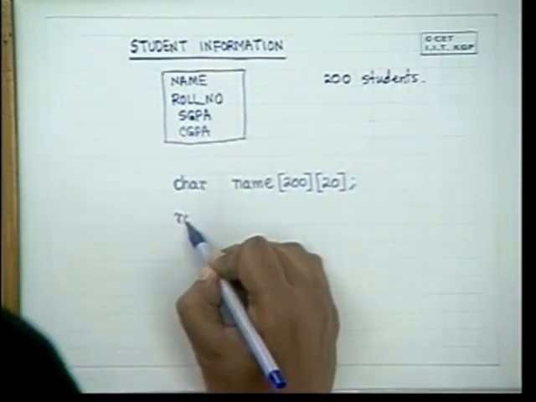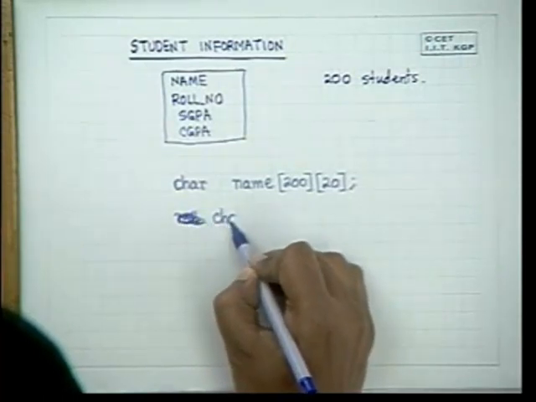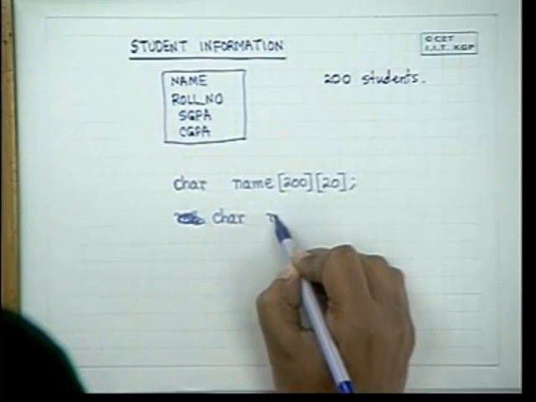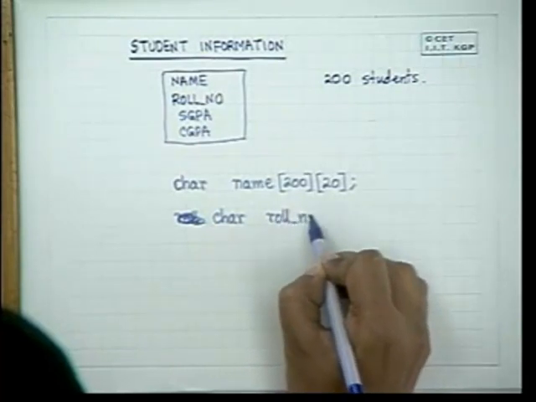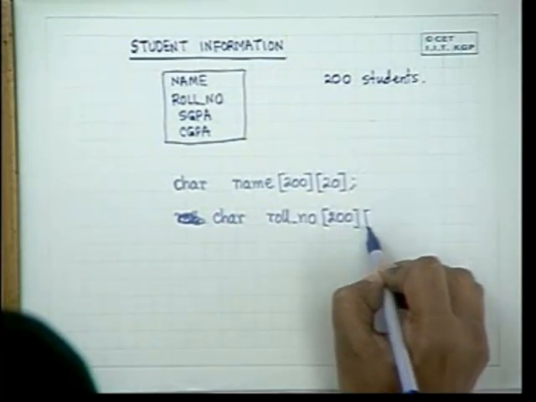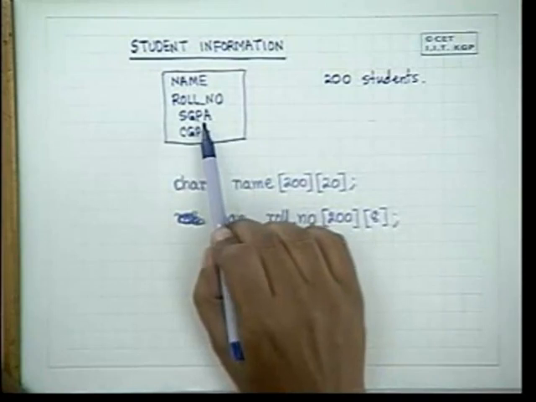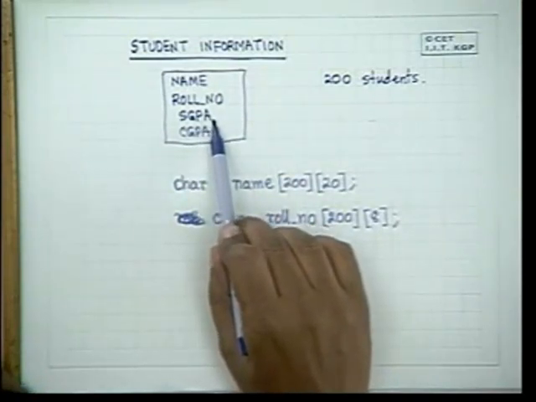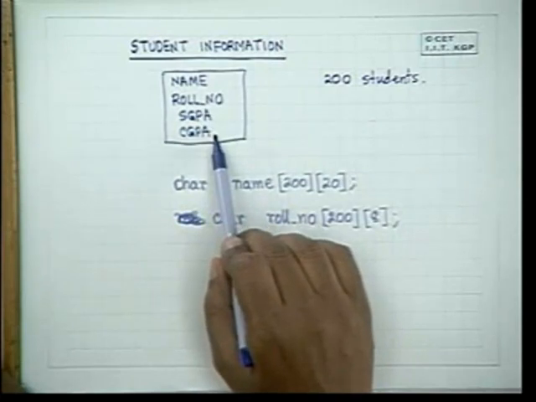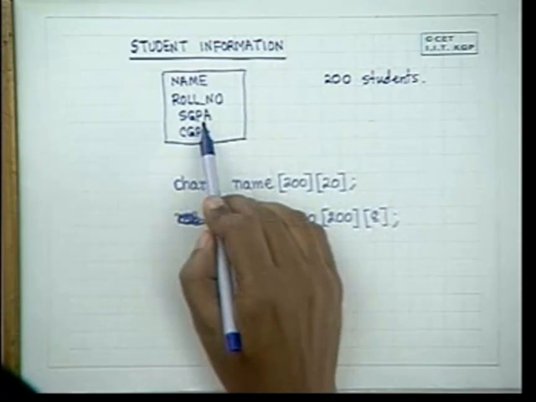Roll number would also similarly be something like this. Now we would have to maintain SGPA values for 8 semesters and equivalent CGPA values for 8 semesters in this situation.